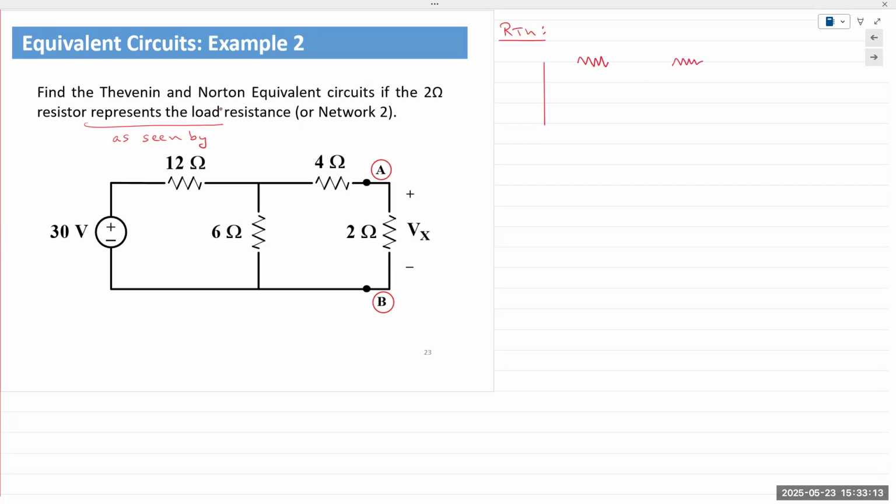And then I have 6. So 12 ohm, short, 6 ohms, and 4 ohms. My Req between A and B. Calculators out and tell me what it is.